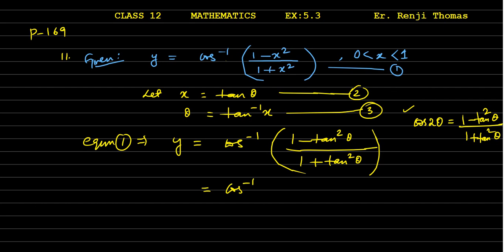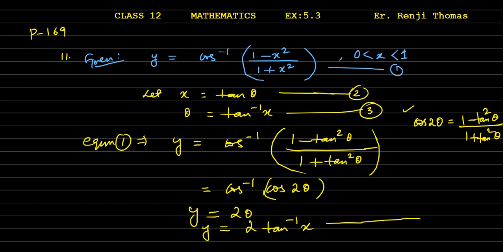You can write it as cos inverse, the bracket term will be reduced to cos 2 theta. Now cos and cos inverse get cancelled, so you get y is equal to 2 theta. Theta can be replaced with tan inverse x, as you can see from equation number 3. So this one you can write as equation number 4. Pause the video to note it down, all of you.